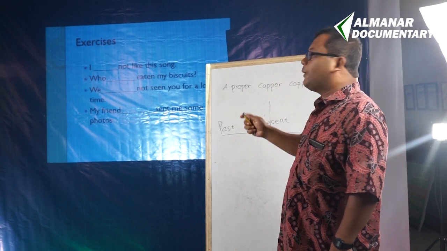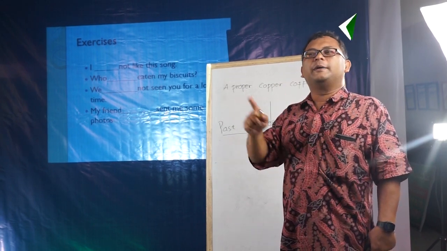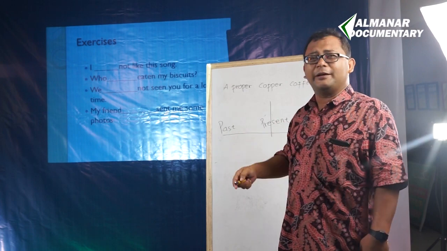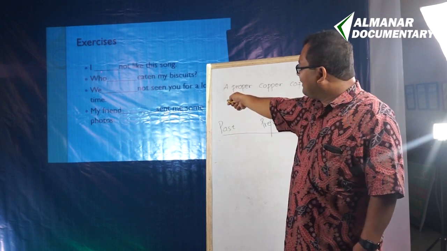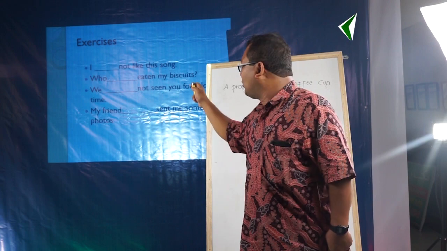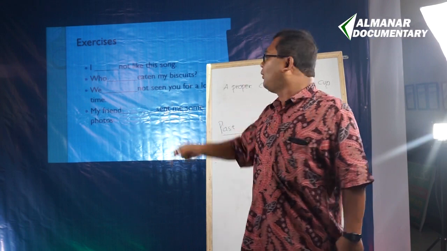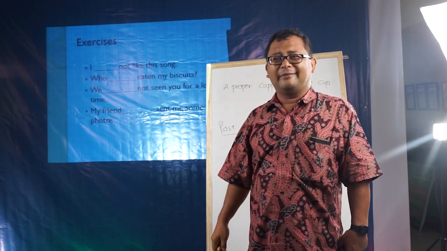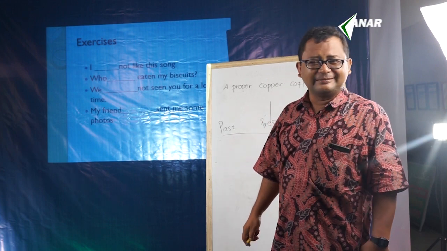Remember, in English we have subject-verb agreement. We cannot say whatever we would like to say. It is I. Do you think I am not, or I do not, or I have not? What are you going to say?